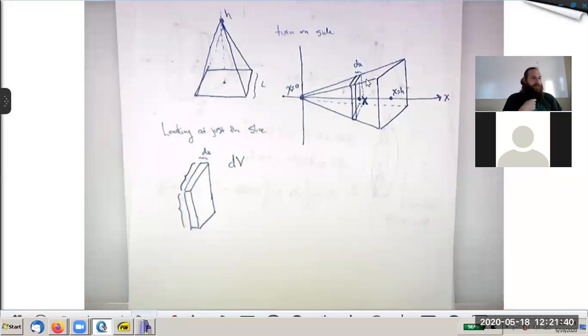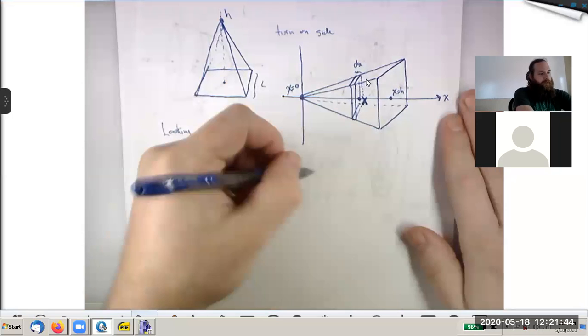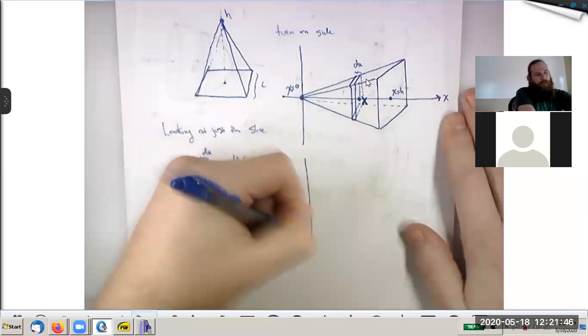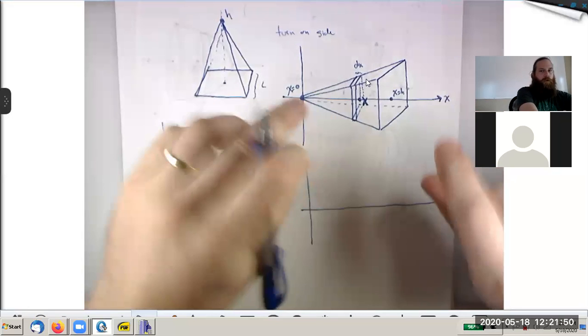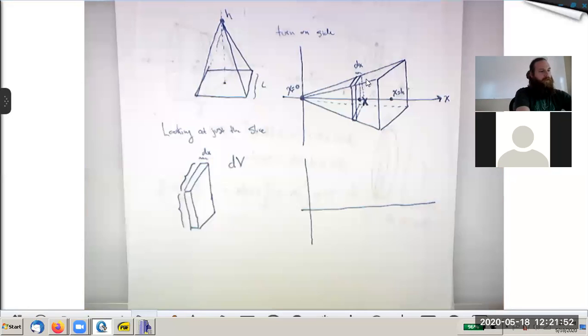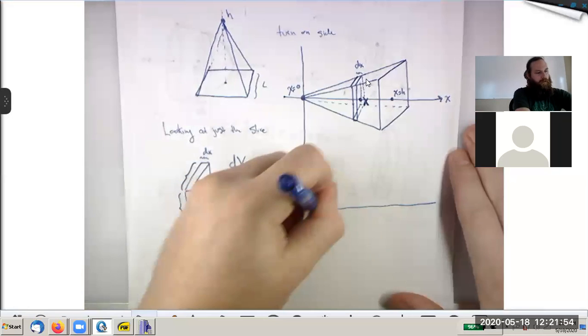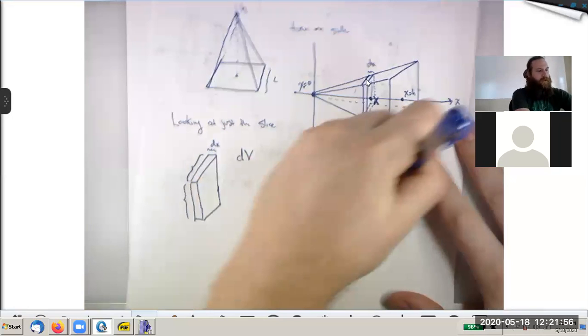The game here is going to be to look straight on the side. So rather than trying to draw the 3D picture, I'm going to imagine that I'm turning this and looking straight on the side. Then what I see is just this triangle.